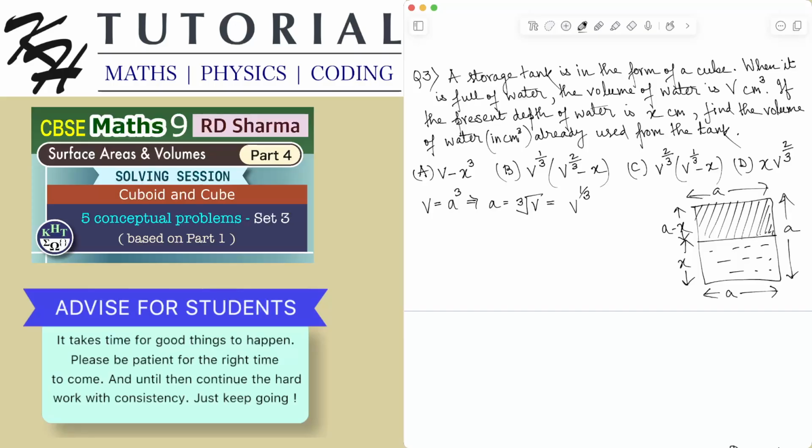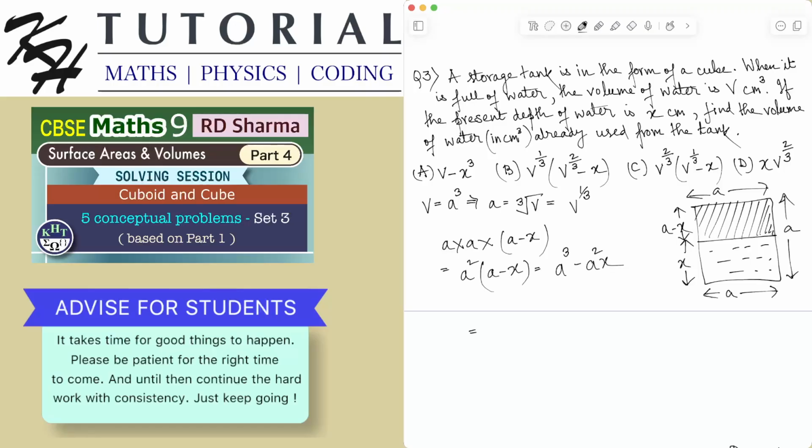The length and breadth will be the same, a multiplied by a, but the height is now a minus x. So this is a square multiplied by a minus x, which is basically a cube minus a square x.